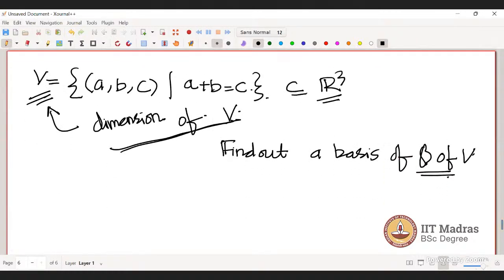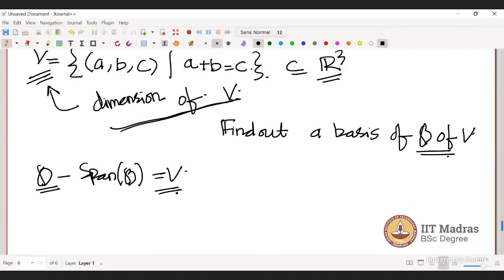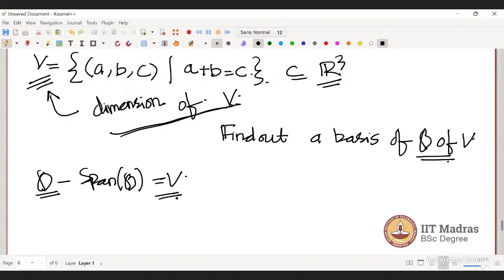For that, the basis should satisfy this condition: the span of that B should be V, right? So if you pick an arbitrary element of V, it should be in this form: a, b, a plus b.